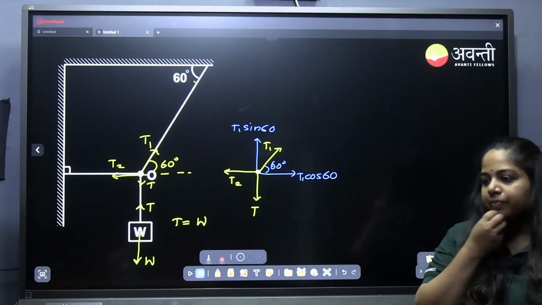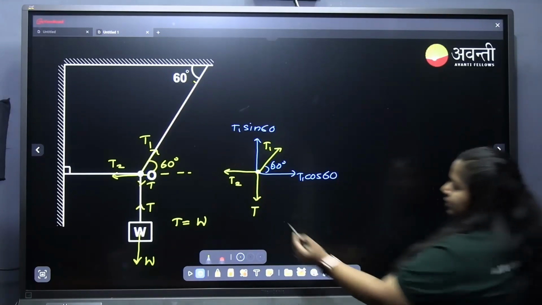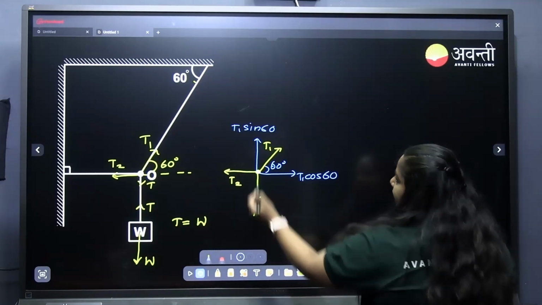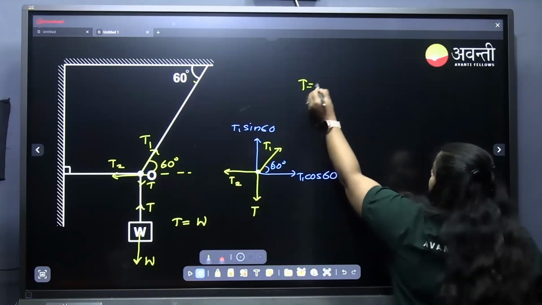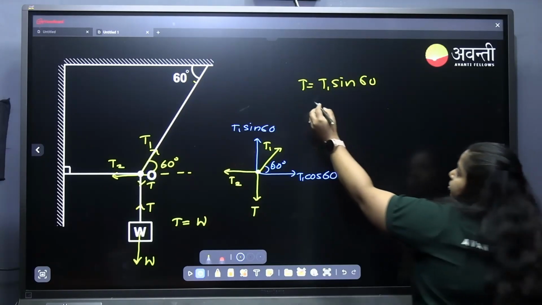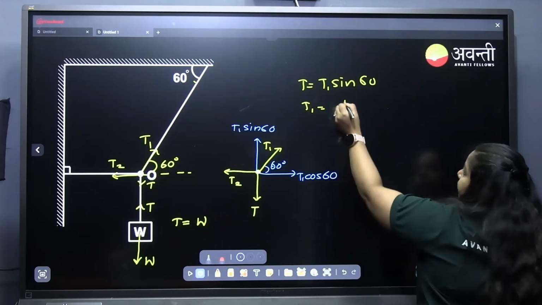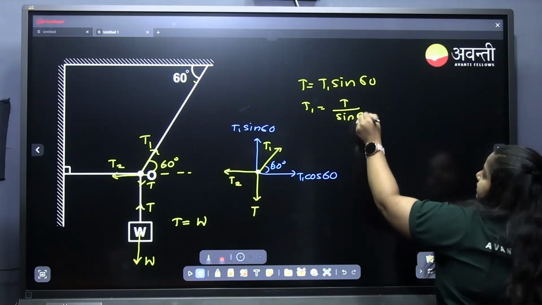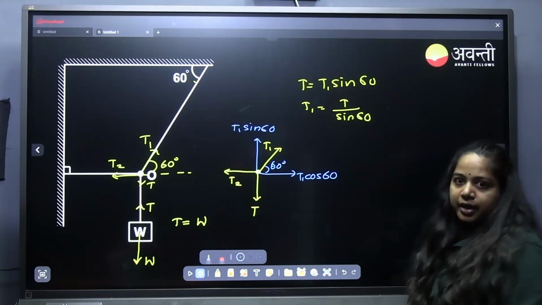Okay? So from this we know what T is. T is equal to W. So can I say that T will be equal to T1 sin 60, which means T1 equals T by sin 60, right?